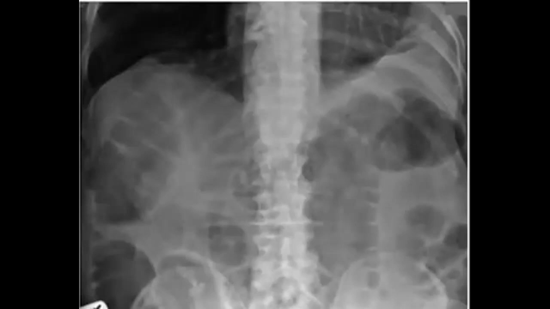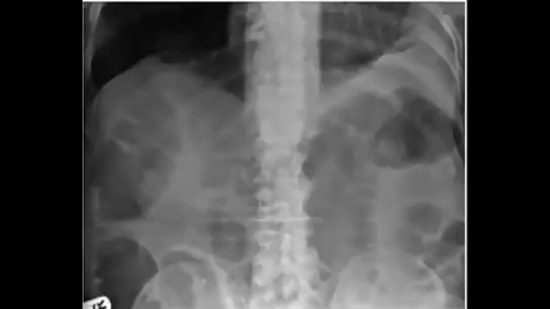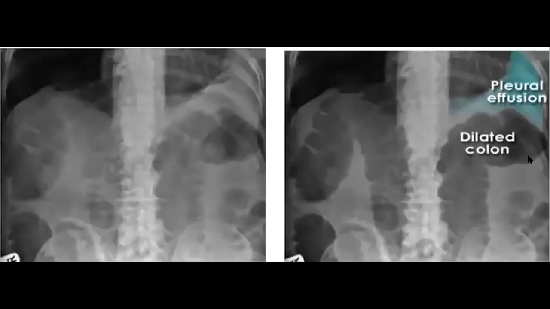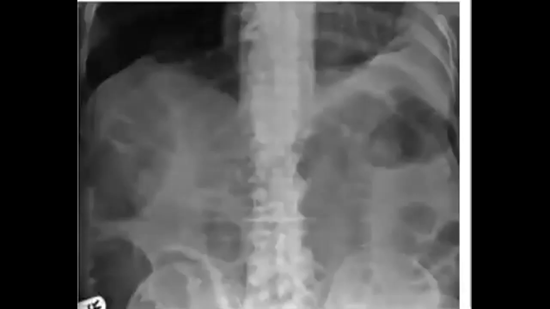The abnormality is, at least you can say that there is pleural effusion and there is some dilatation in the colon. So pleural effusion and dilated colon. Okay.